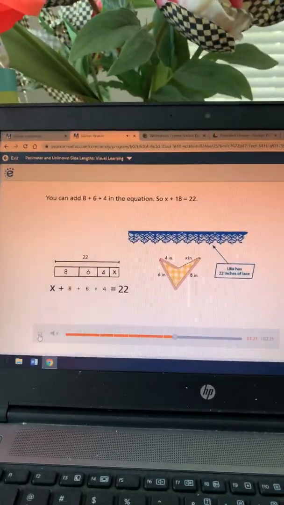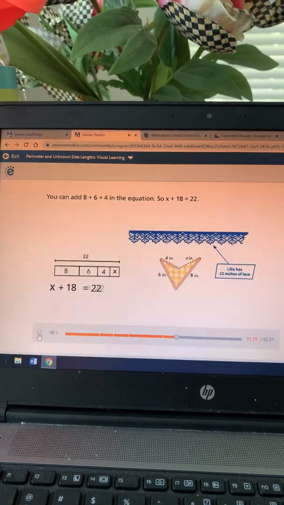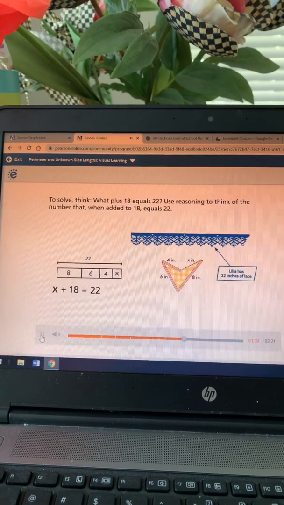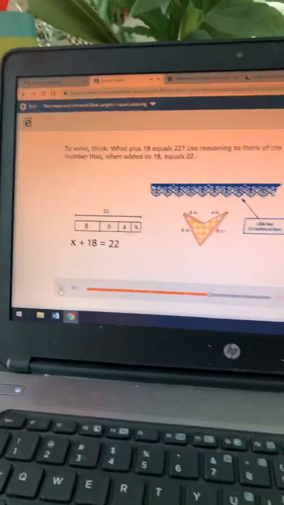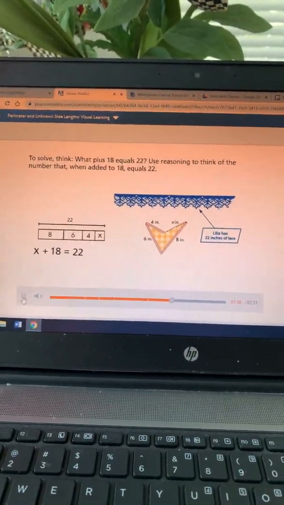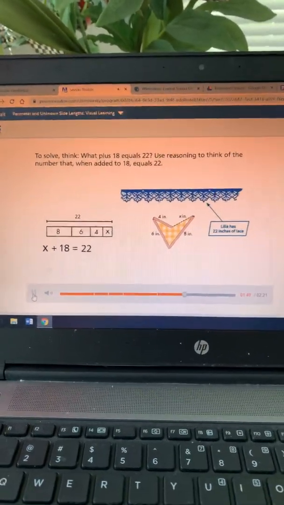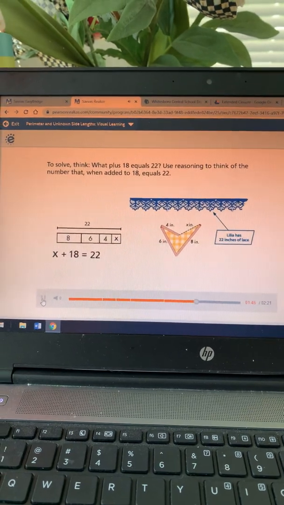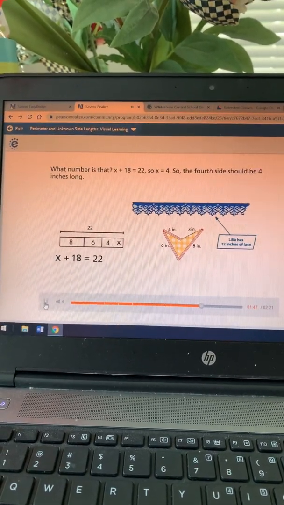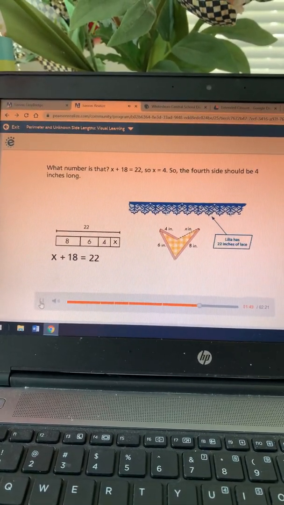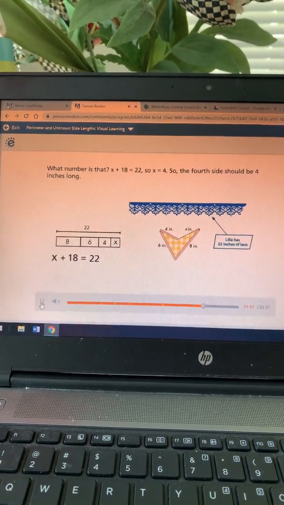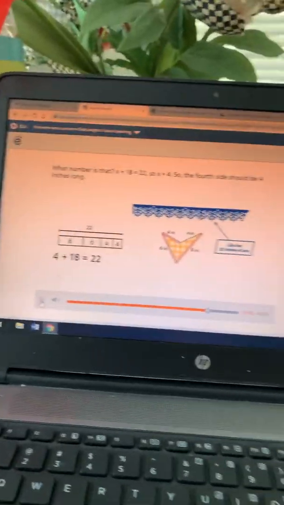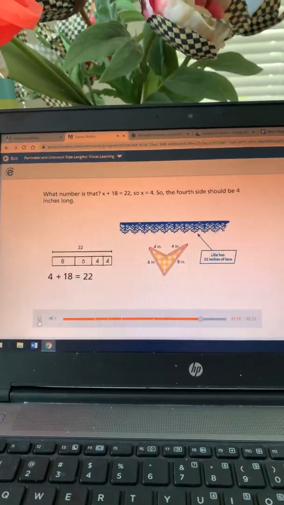So X plus 18 equals 22. 8 plus 6 plus 4 equals 18, guys. To solve, think: what plus 18 equals 22? Think of the number that, when added to 18, equals 22. So X equals 4. So the fourth side should be 4 inches long.